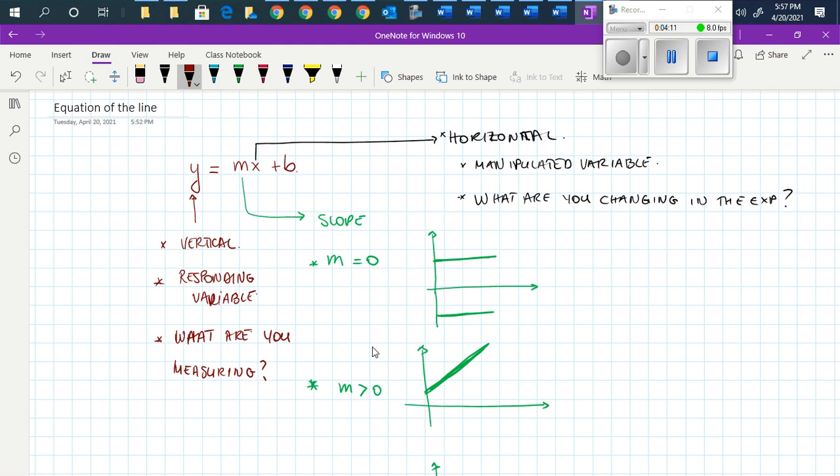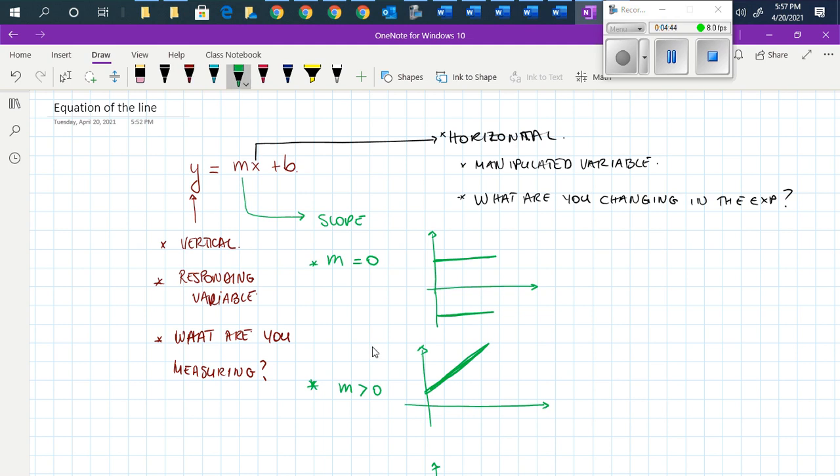In an experiment, let's suppose that you are changing the time and you are measuring the displacement of an object moving at a constant velocity. Then what you are changing is the time, and that will be on the horizontal axis, and what you are measuring is the displacement, and that will be on the vertical axis. Okay, we will talk about this even more.